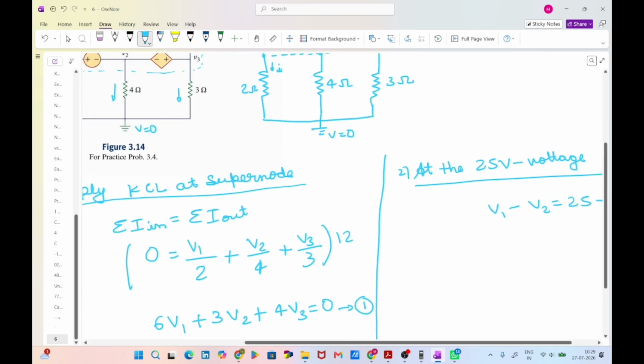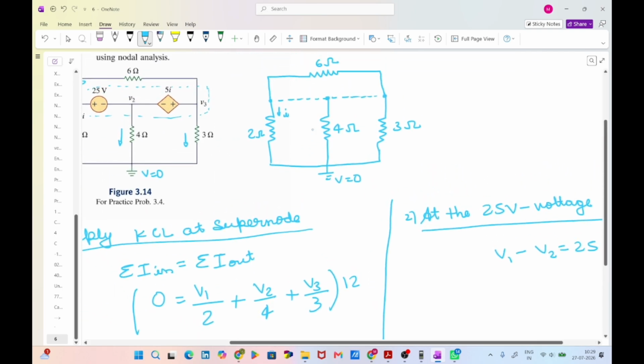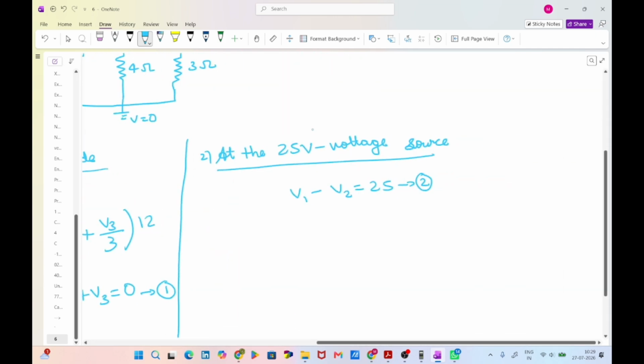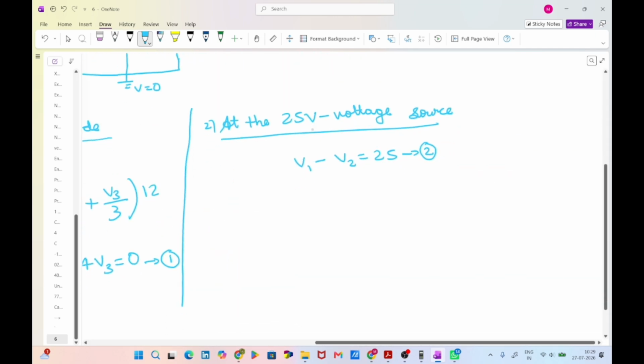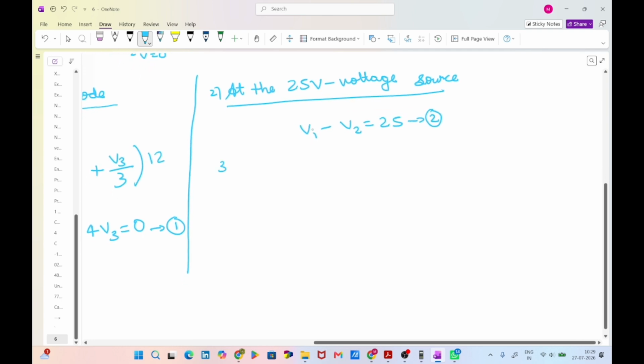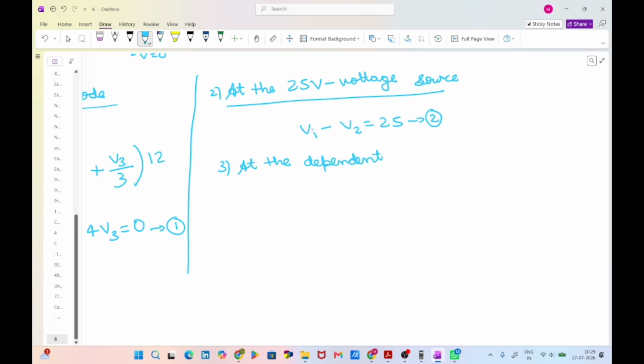This one is the current controlled voltage source. Here V3 minus V2 is equal to 5I. Let us write that at the dependent source: V3 minus V2 is equal to 5I.